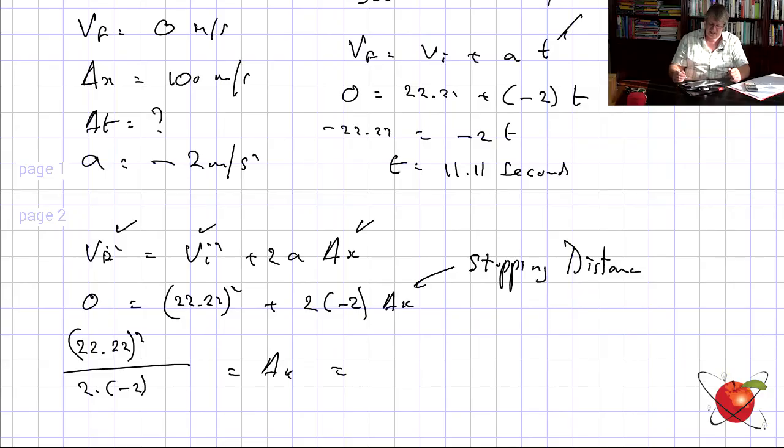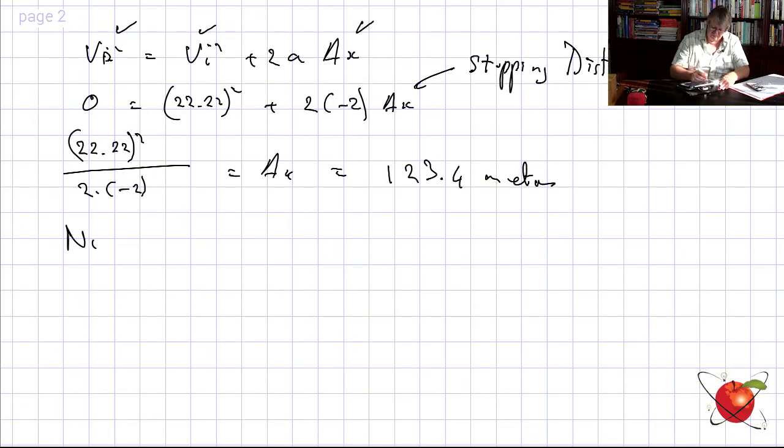That's a given. So we work out how long it takes us to stop. 22.22 squared divided by 4 is equal to 123.4 meters. So what's the answer?